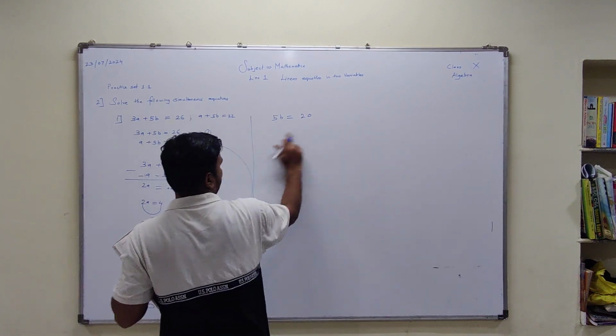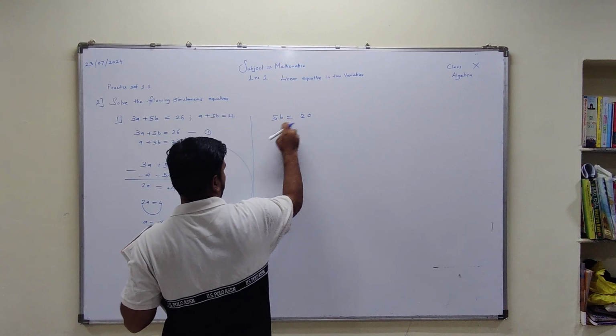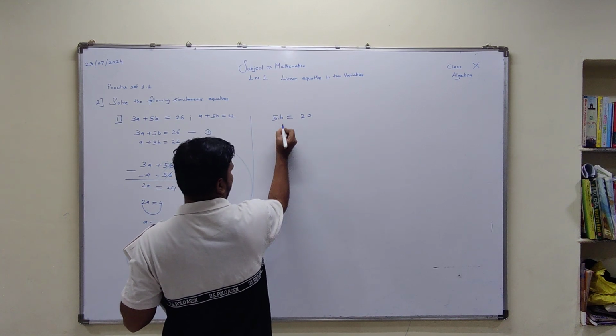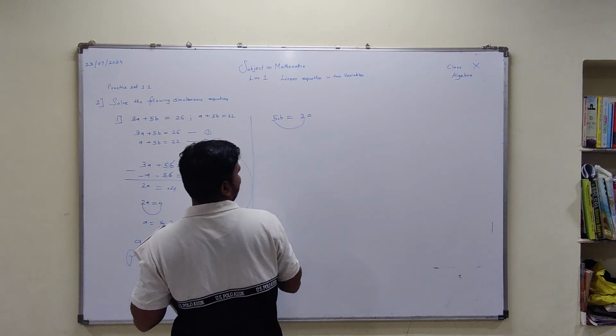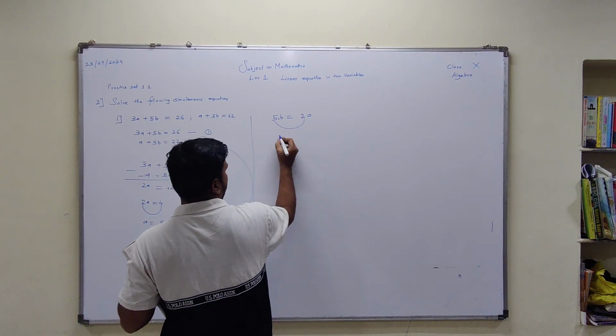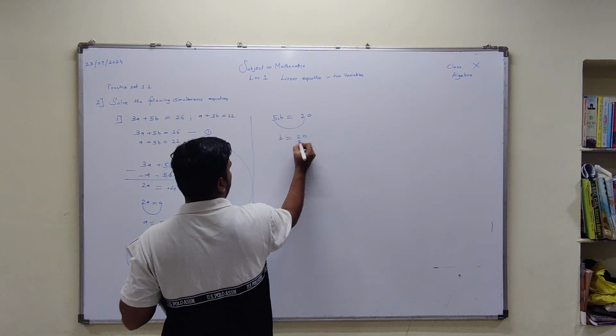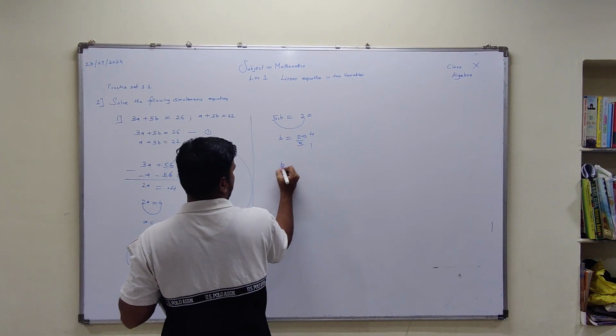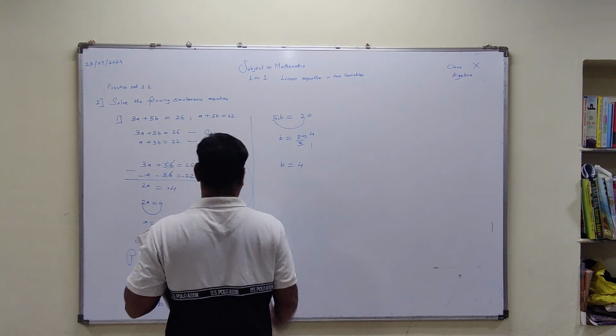Now you just have to do the simple transpose. This 5 is in multiplication; on changing side, it will go into division. So b is equal to 20 upon 5. 5 ones are 5, 5 fours are 20. So we have the value of b as 4.